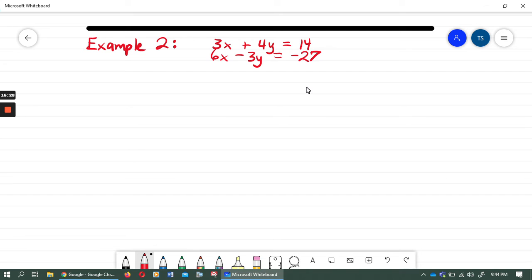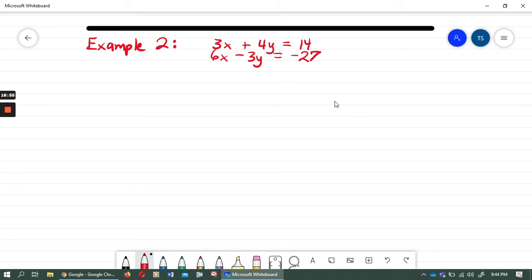So guys, in this example, if you look at just one of these variables, it has coefficients such that one of them is a multiple of the other one. You guys remember what multiples are?